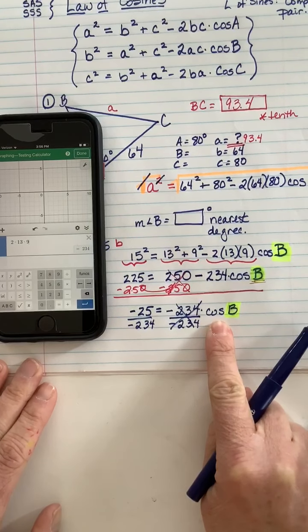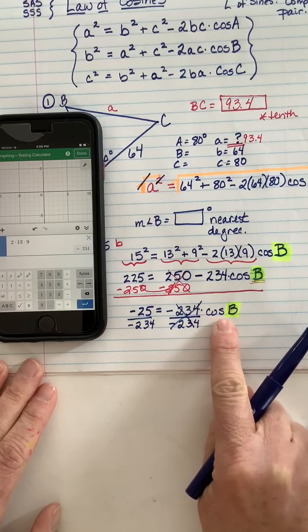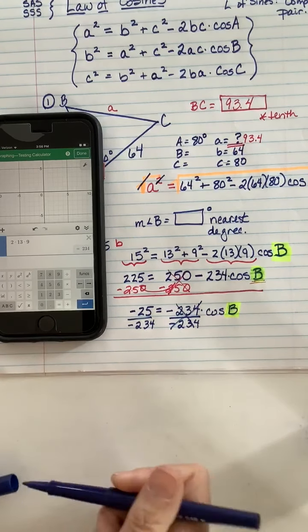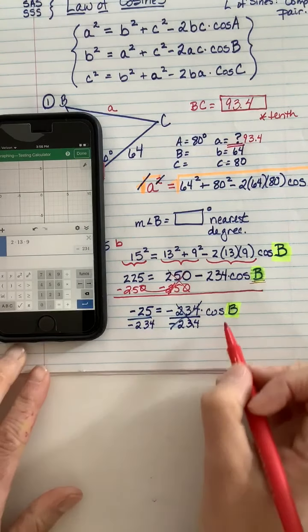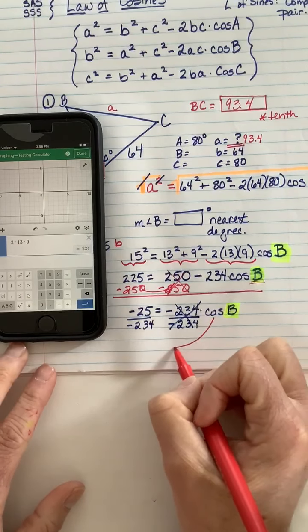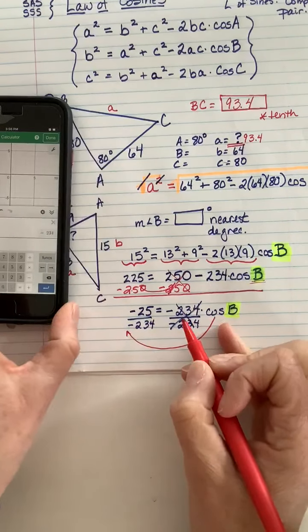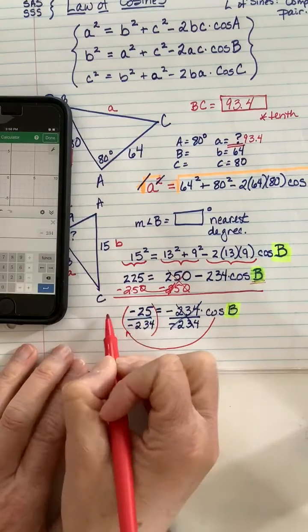How can I undo cosine in order to get b alone? You got it. Inverse cosine. So I am going to take the inverse cosine of all that stuff. Oof. All right, calculator time.